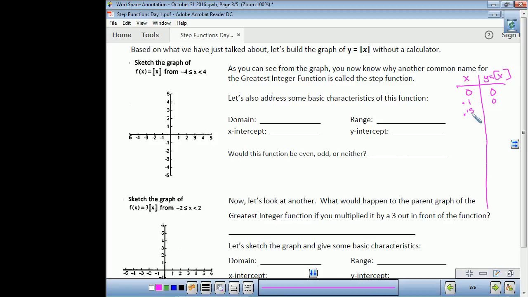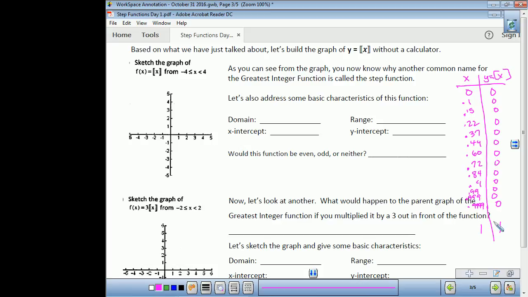All right, 0.15, 0. 0.22, 0. 0.37, 0. 0.44, 0. 0.60, 0. 0.72, 0. 0.84, 0. 0.9, 0. 0.99, 0.999, 0.9999, 0. All right, 1. Who would have known? 1.